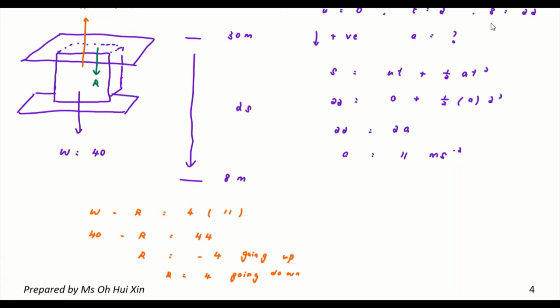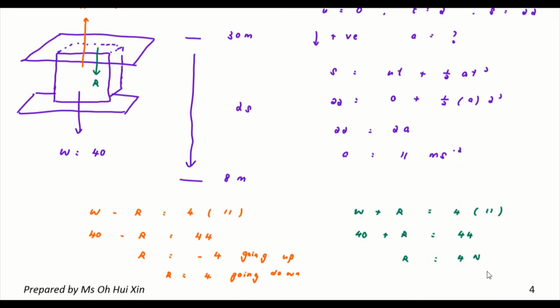So if I try to change the direction, then I will just negate my answer. Okay, so if let's say I use the green color, which means I already guess that the top pad actually gives a bigger normal reaction. So going down is positive, right? So both of these will be positive. So W plus R is going to be equal to MA. When I solve this, I will get 40 plus R is equal to 44, so my R will be +4.